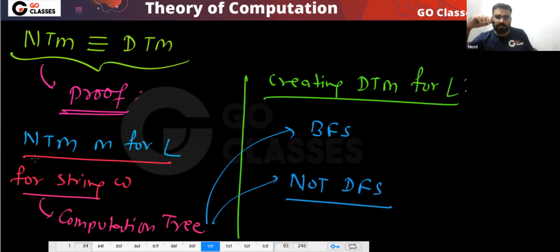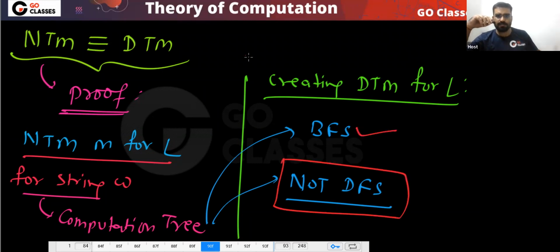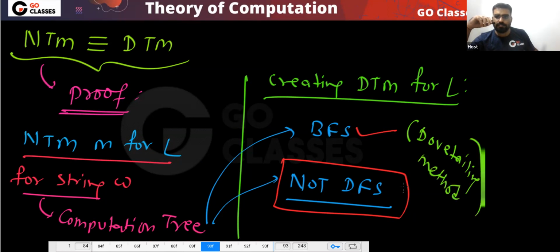Do BFS. Basically, this was the dovetailing method. Yes, very good. It was basically the dovetailing method. So this was the idea.